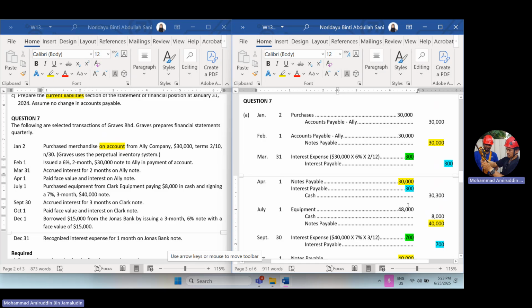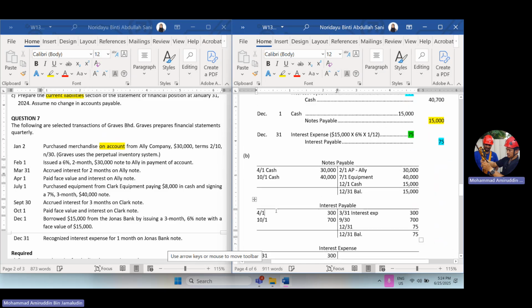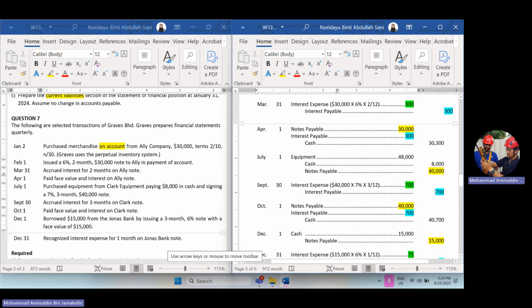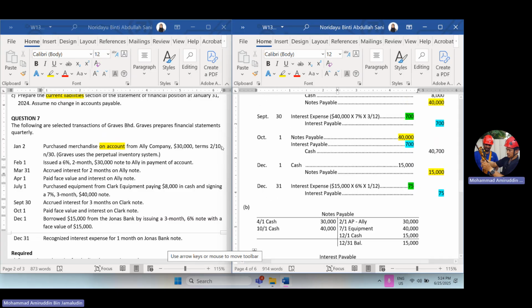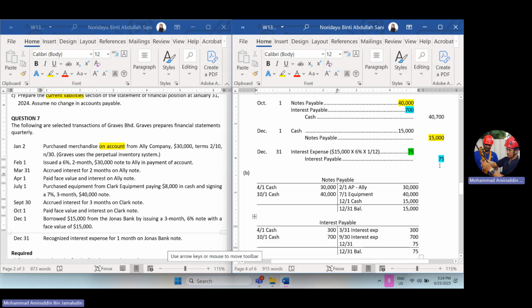On 1st April, debit 300. 1st April, debit, cash or bank. And then we have this one, September 30th, credit interest payable. Okay, 700. And then on 1st October, we pay. So debit interest payable. Cash or bank. Okay, and the last one, we have this one.